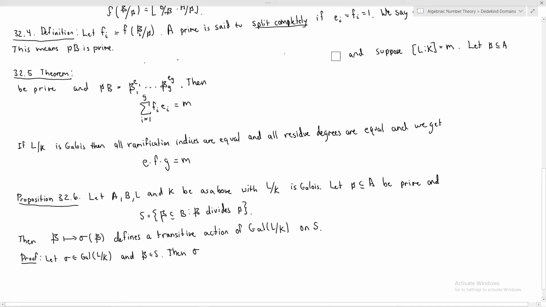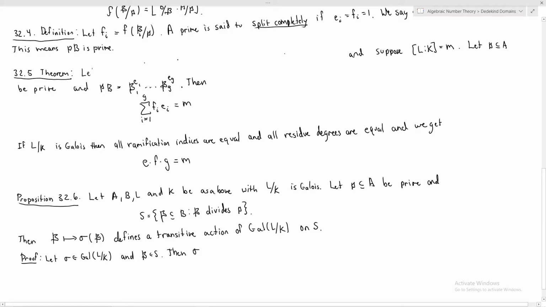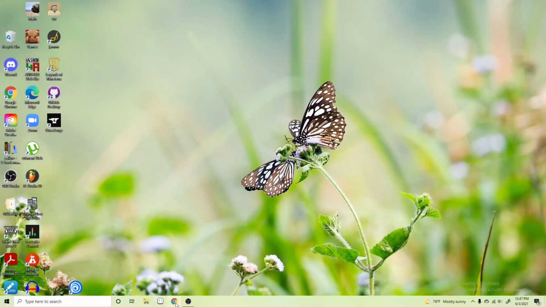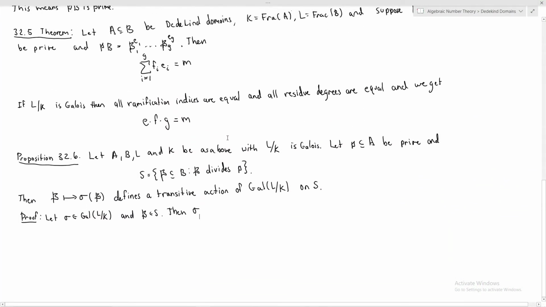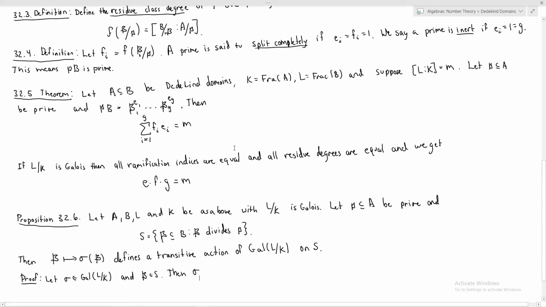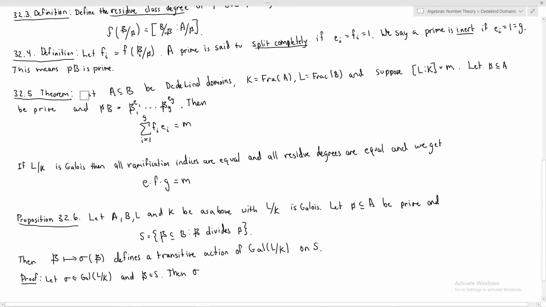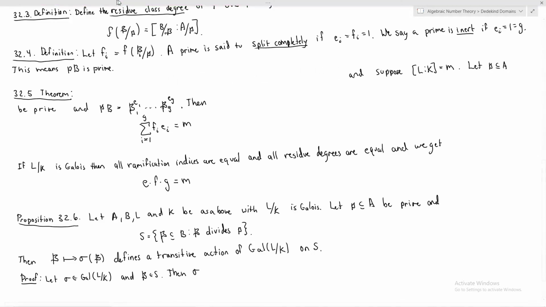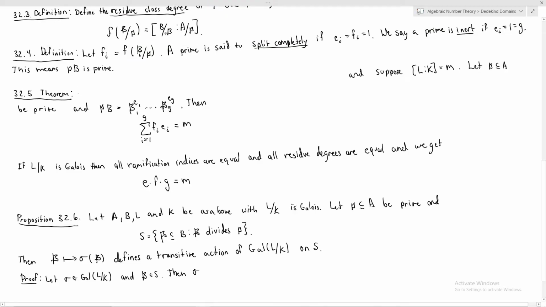So yeah, let's just state this for number fields for now. We'll worry about what generalizations we can do later.